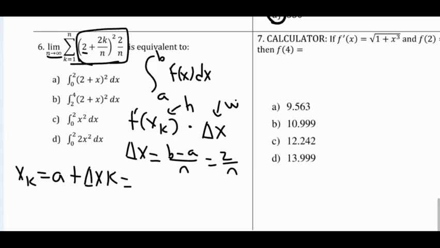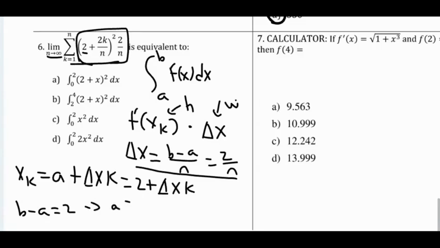So I can set this equal to 2 plus delta x k. And remember up here, if I know that b minus a equals 2, and I know a equals 2, then b must equal 4.